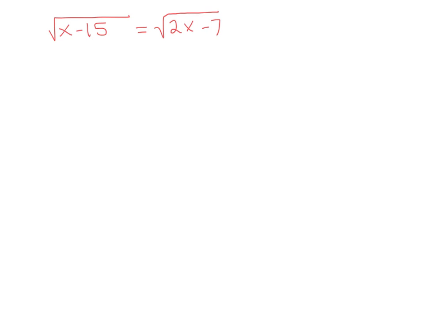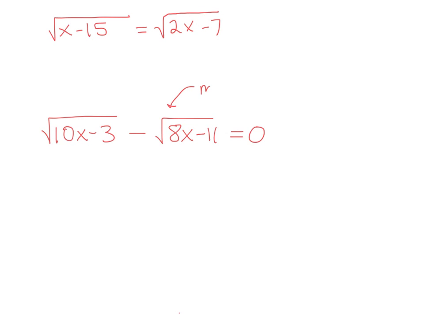And the second: the square root of 10x minus 3 minus the square root of 8x minus 11 equals 0. I'm going to tell you the first step is to move this part.